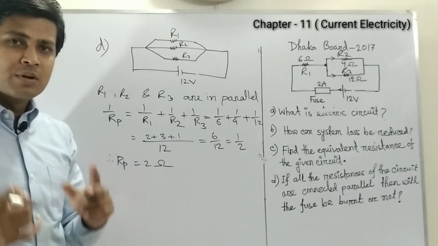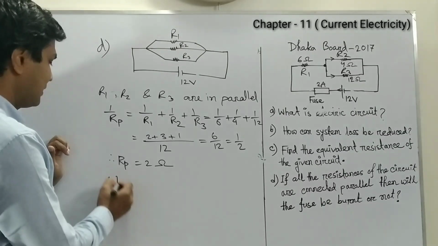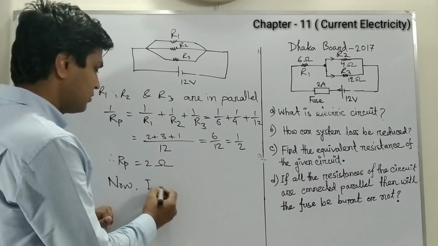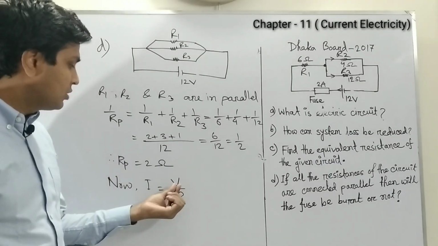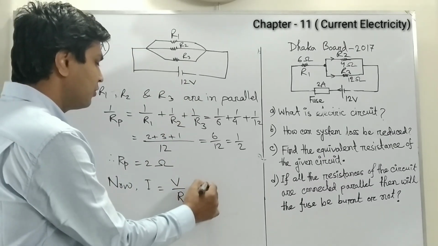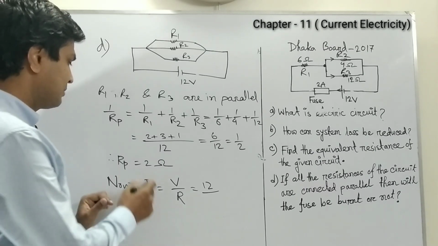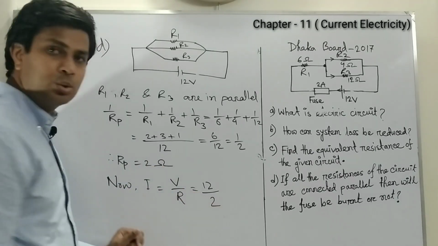And now if you want to calculate the current, we can write the formula of current I equals V by R. Here the electromotive force or potential difference is given as 12 volt, and the equivalent resistance is given here as 2.